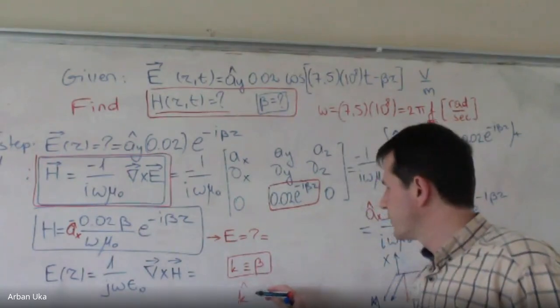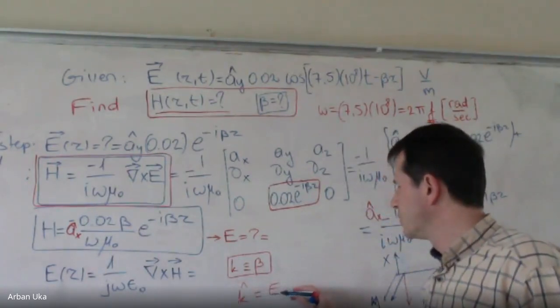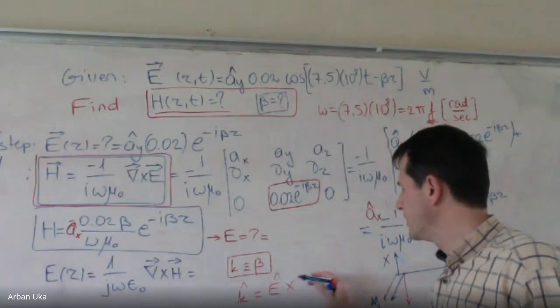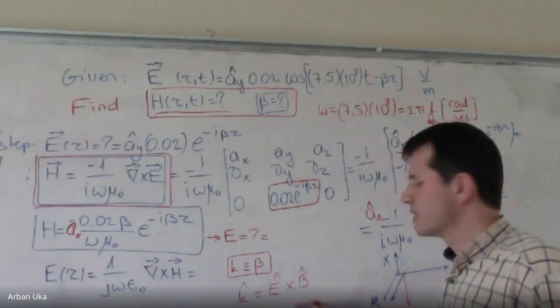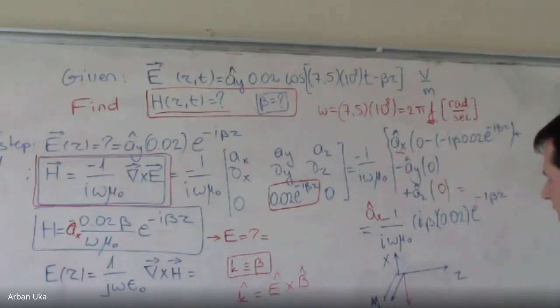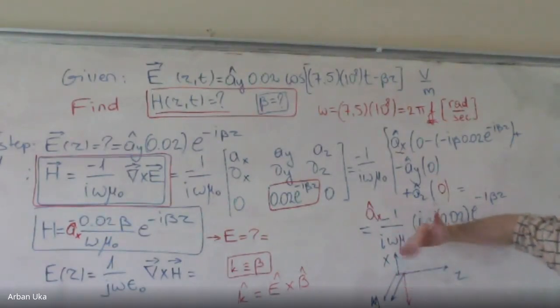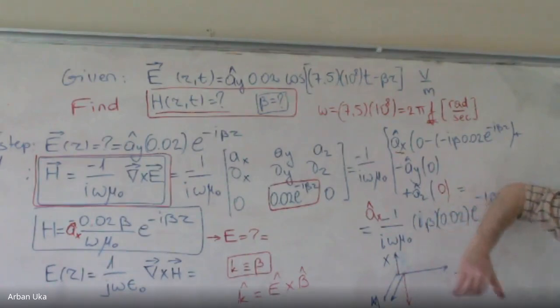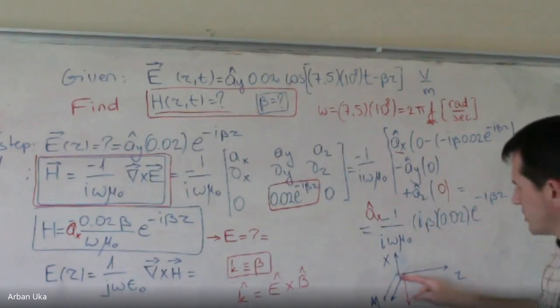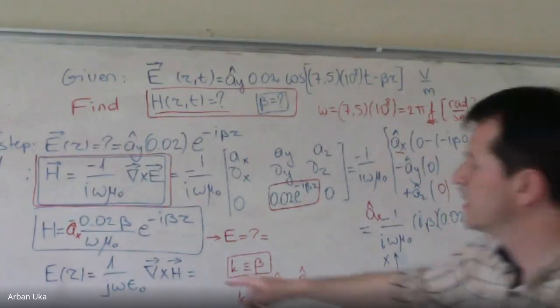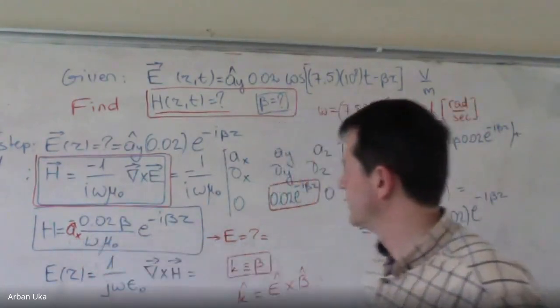The direction of k is always going to be equal to the direction of the electric field cross product with the direction of the magnetic field. Let's check here. It looks like the E is pointing in this direction. If you use the right-hand rule, the z is moving in this direction, because this is a_y, and the H is minus a_x.